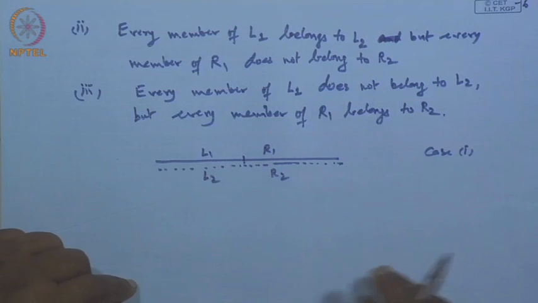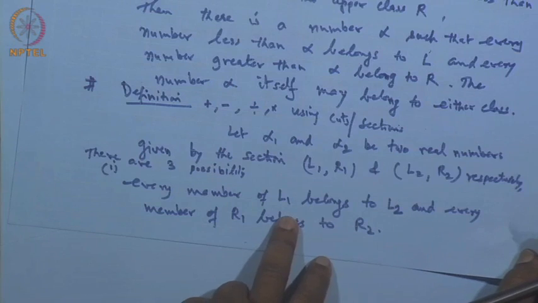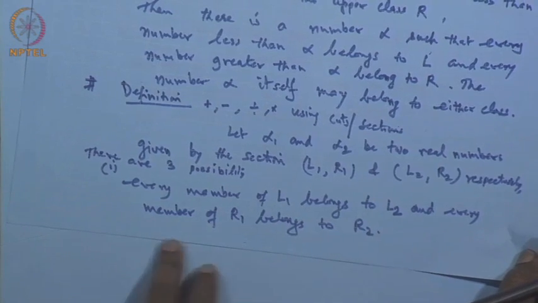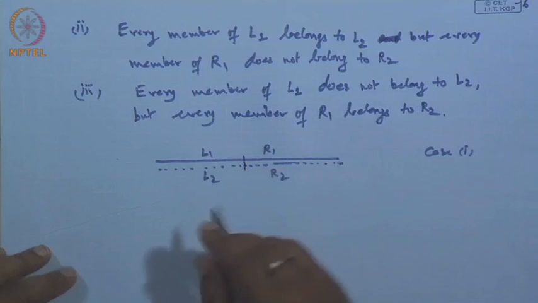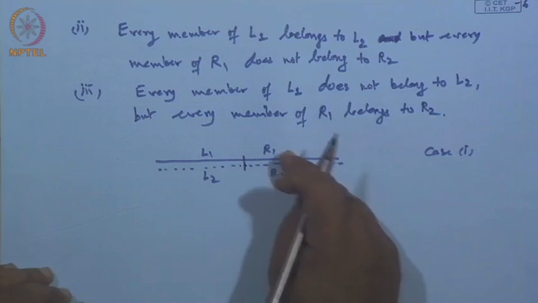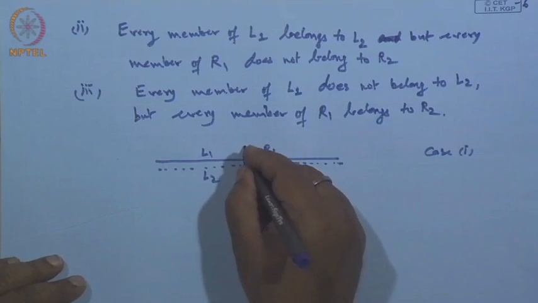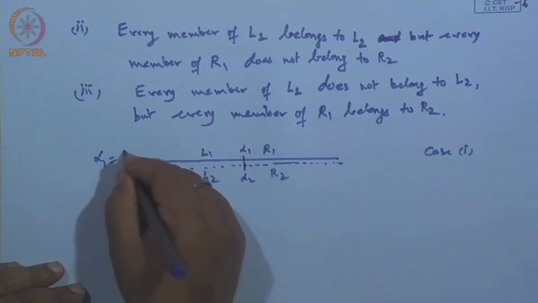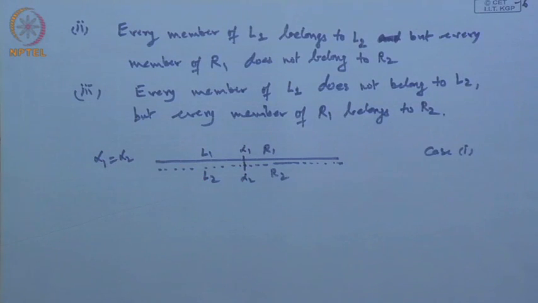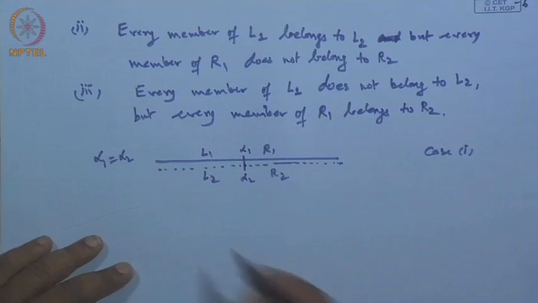Now, what it says is, if the first possibility is every member of L1 belongs to L2 and every member of R1 belongs to R2, that is only possible when L1 coincides with L2 and R1 coincides with R2. So, if this is alpha 1, here is alpha 2. So, here the case is alpha 1 equal to alpha 2, is it not?